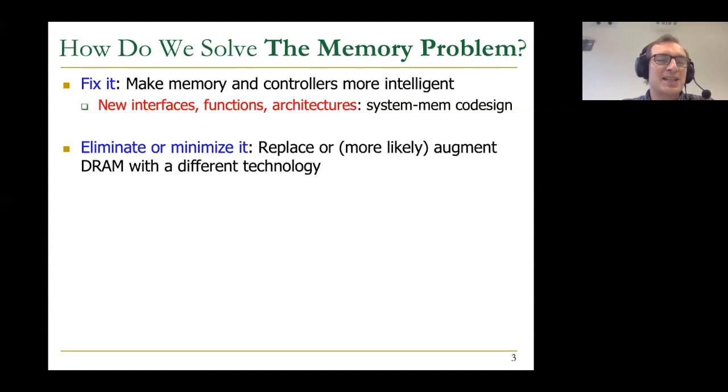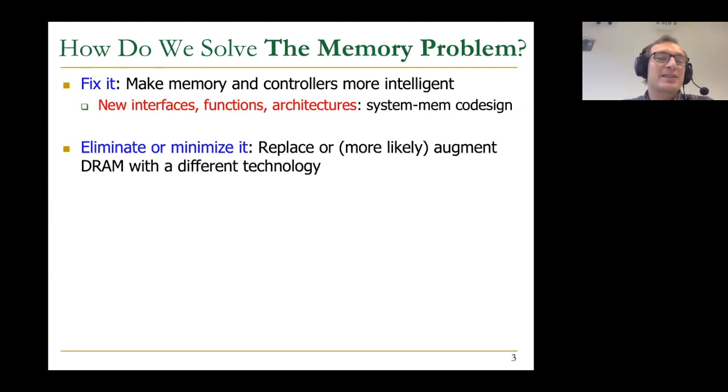I give DRAM as an example because clearly main memory is dominated by DRAM today in pretty much all types of computers. But you could also think of replacing some other technology like flash on the storage side. If you're having storage scalability problems with flash, maybe you think about replacing it with phase change memory or something else. So that's the thinking.